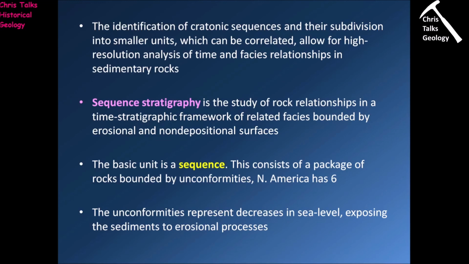These sequences consist of a package of rocks which are bounded by an unconformity at the top and the bottom of the sequence. These unconformities represent periods of decreased sea level, so low sea levels, during which time the continents were exposed, open to erosion, so rock could be destroyed and thereby produce the unconformities.